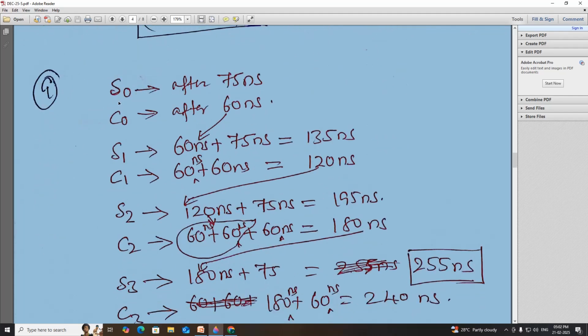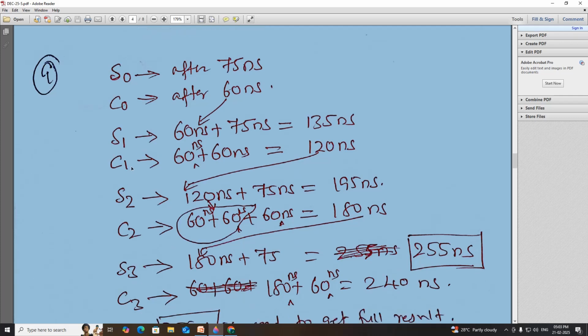For the first adder, the time taken for S0 is 75 nanoseconds, and for the carry it is 60 nanoseconds. For the second one, 60 plus 75, it is 135 nanoseconds. What about the carry? The carry is 60 plus 60, it is 120 nanoseconds.